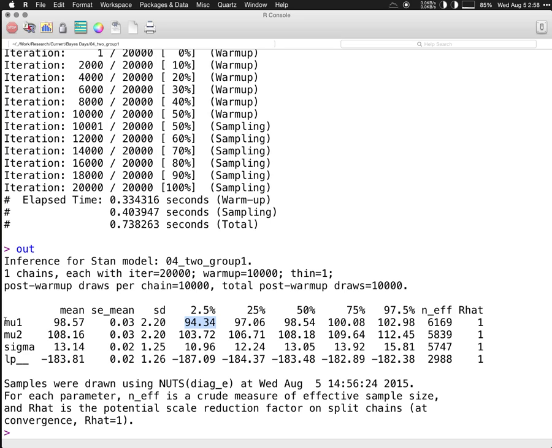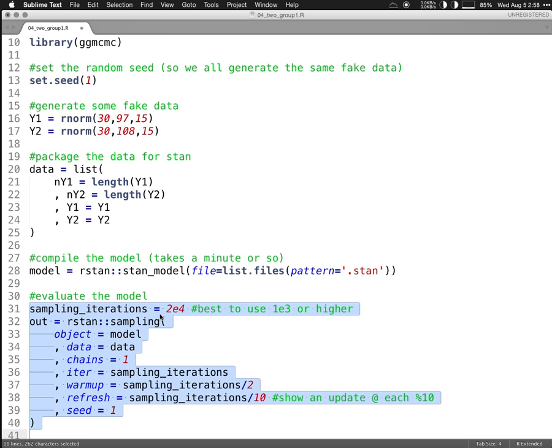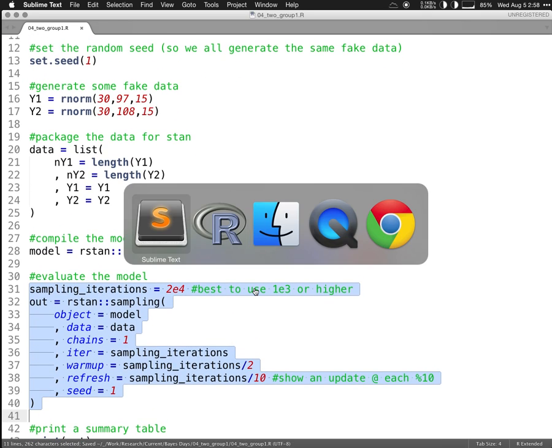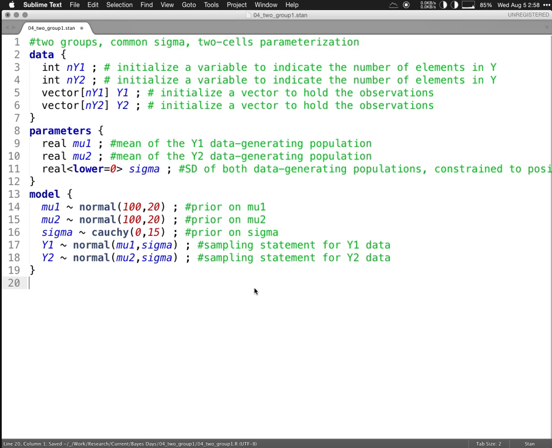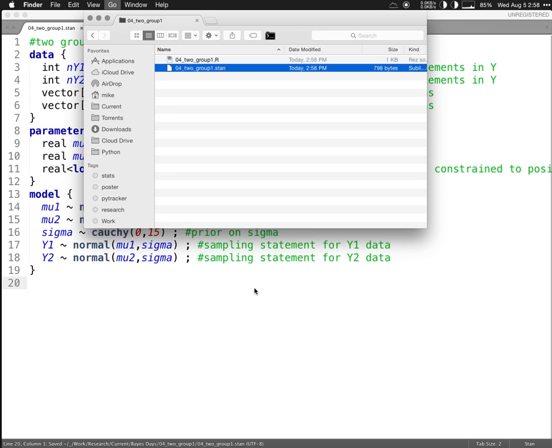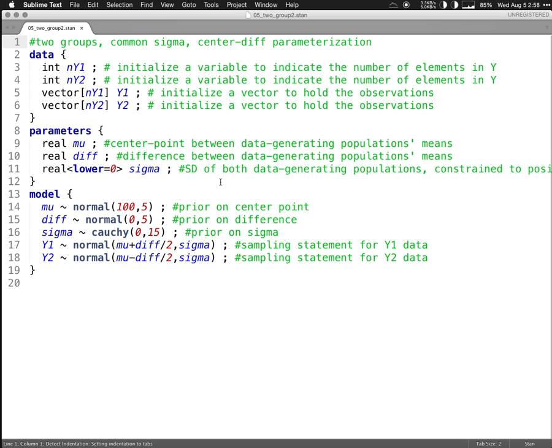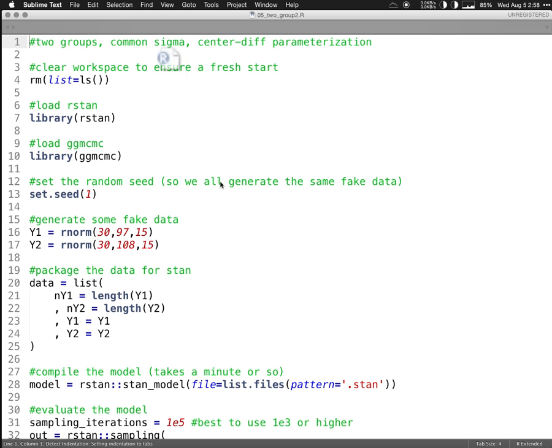That's one way of doing this model, actually explicitly having 2 mu values and looking at the two populations that way. Better though is, I'll keep that open for a second while I open the next one. If you look, the R file is exactly the same.